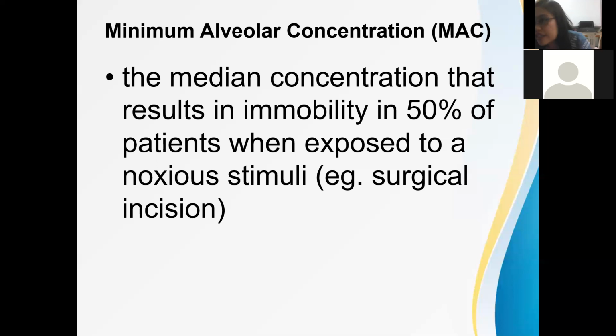So if we have 100 patients, 50 of them will already respond to that specific concentration. The intended effects of general anesthetics are immobility, and they no longer respond to stimulus. Even during surgery when there is an incision, they have no response to it.